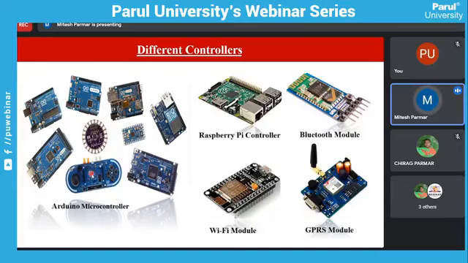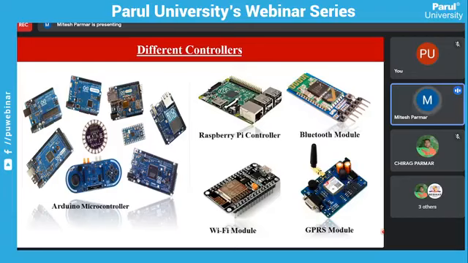In the Arduino family there are many types of controllers, like a simple Arduino controller, or Arduino controllers with Wi-Fi enabled, as well as LAN-enabled microcontrollers. The Raspberry Pi controller has inbuilt LAN connection, as well as Wi-Fi and Bluetooth connection. And if you want to use other microcontrollers, there are separate Wi-Fi modules, SIM card modules, and Bluetooth modules.